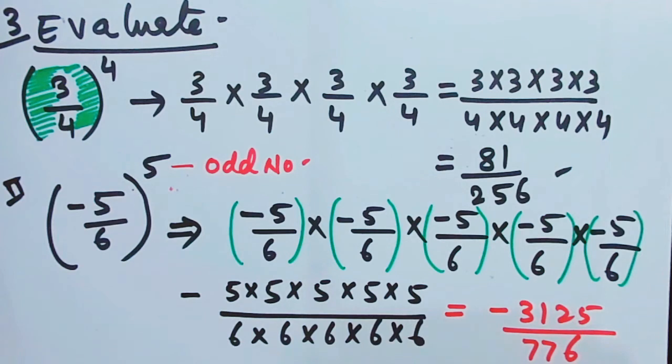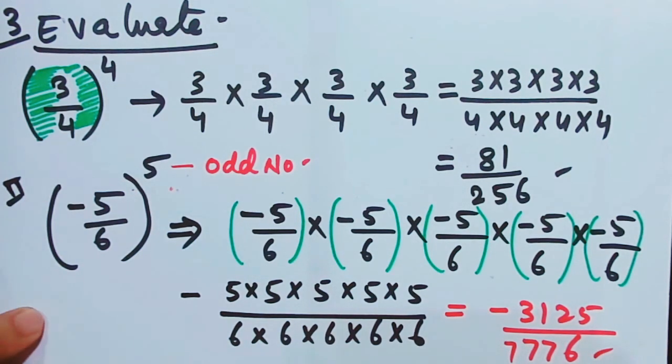I don't think we'll have 776. Let's check once again, if I am a little wrong. Here we have 36 times 6 will have 7776. Sorry, 7776.